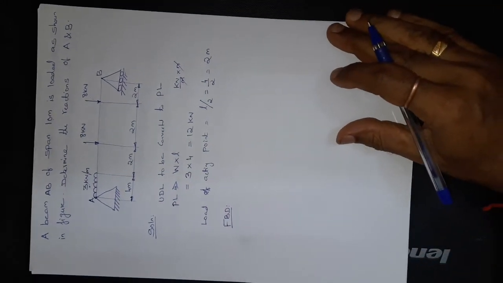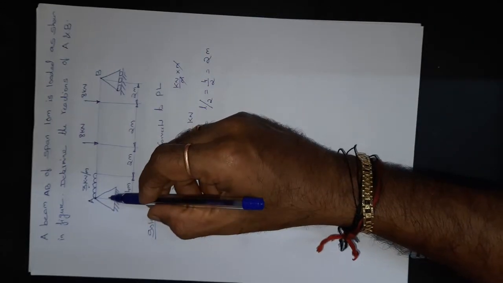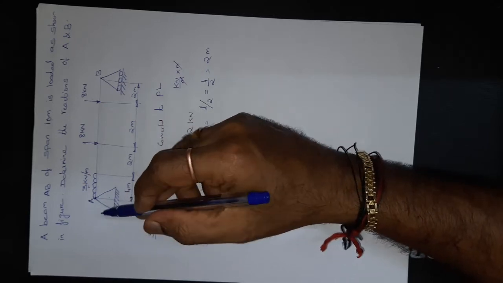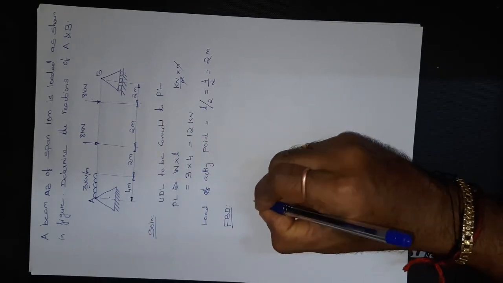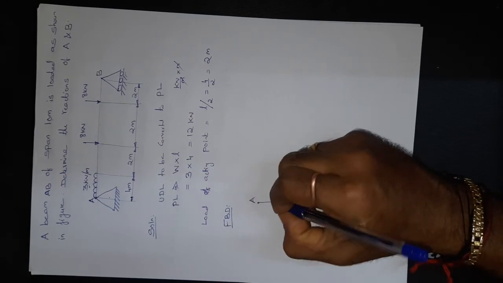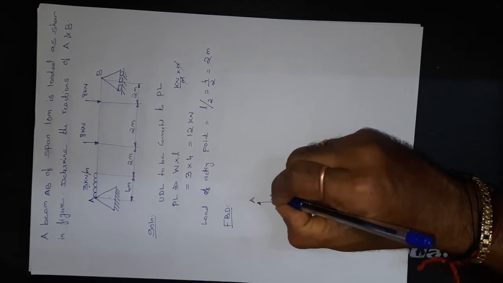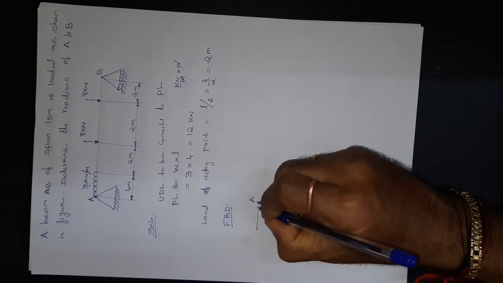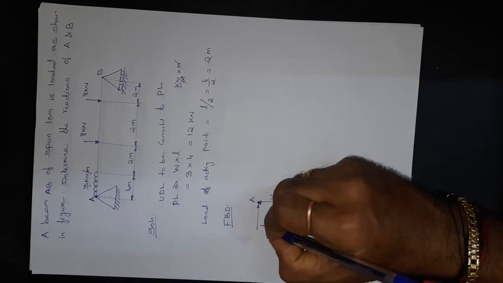Right. Now listen carefully. As far as the hinge support or the pin joint support is concerned, there will be two reactions, isn't it? One vertical and the other horizontal. So let me take this as A. The vertical reaction is VA, and the horizontal reaction at A is HA.